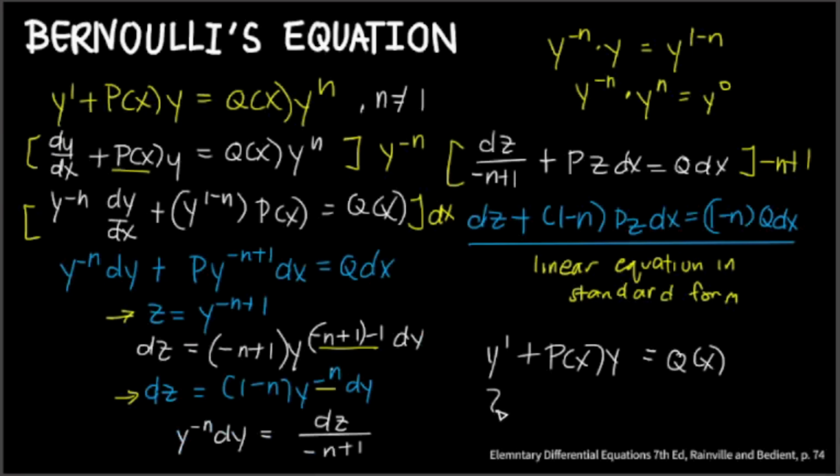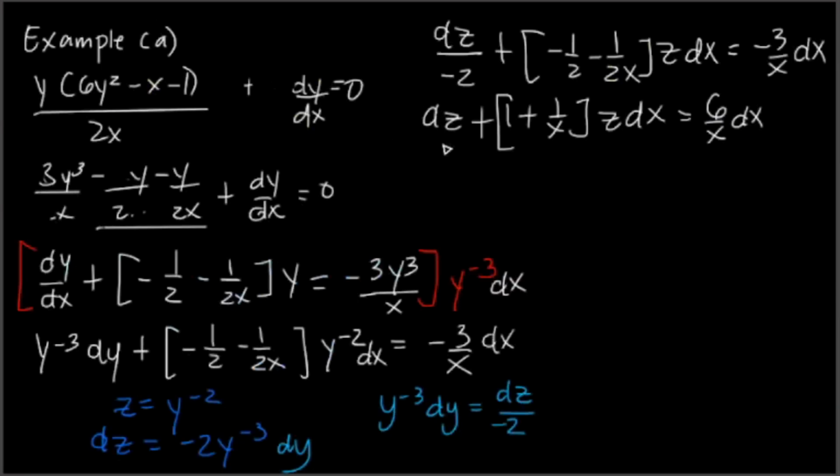So, pwede nating masabi itong equation na to as z prime plus p of x z is equal to q of x. So, follow natin siya. dz, divide natin both sides by dx para makuha natin yung z prime. So, dz over dx plus 1 plus 1 over x, makakancel siya dito kasi divide natin both sides by dx, is equal to 6 over x.